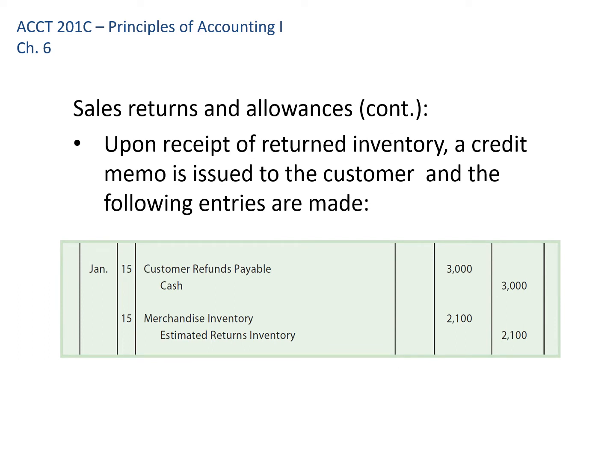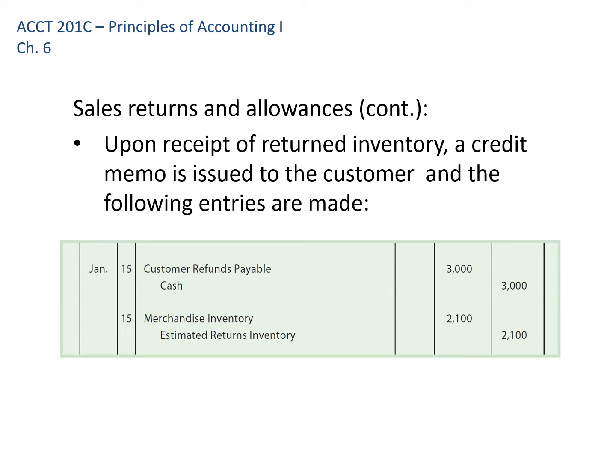Later, when we get a receipt of returned inventory, we issue a credit memo to the customer. We take that out of the customer refunds payable. So in this case, we pay a customer back $3,000 to give them a refund for product they returned to us. So we reduce our liability that we established by debiting that account for $3,000, and we reduce our cash by crediting that for $3,000.